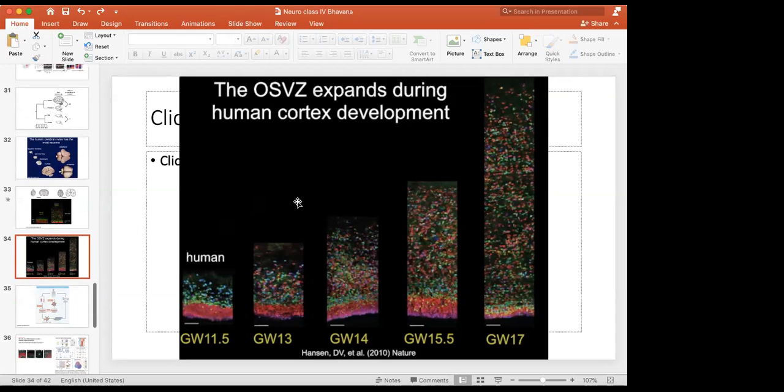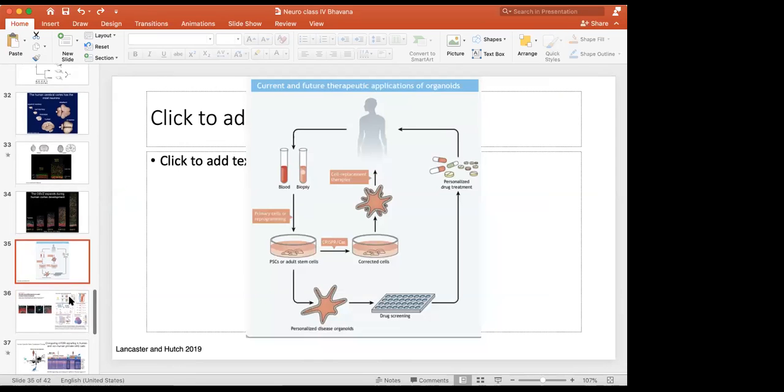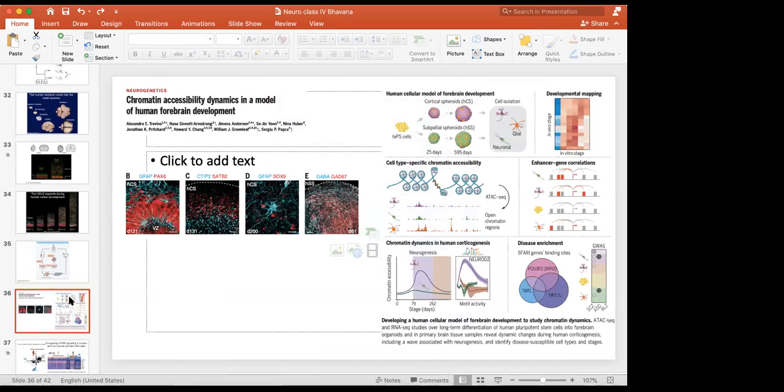I told you that some of these studies came from fetal tissue, but with the advent of organoids, people have started asking whether organoids are good for these studies. This comes from Sergio Pasca's lab, where he compared human fetal tissue and organoids.